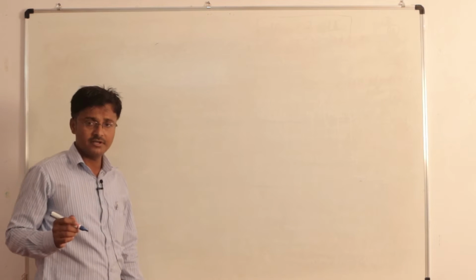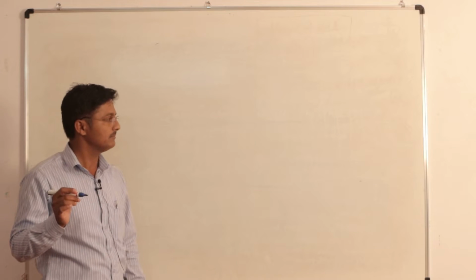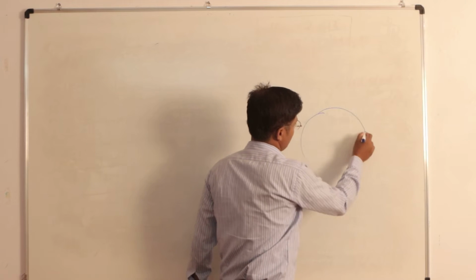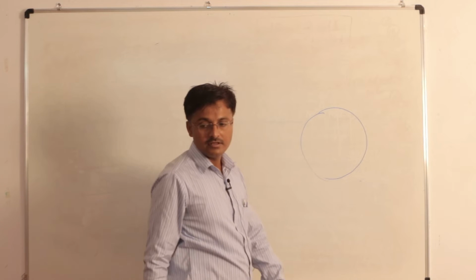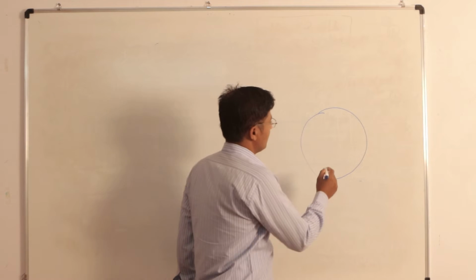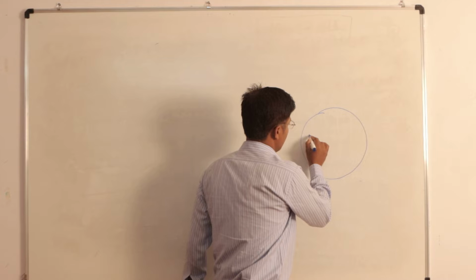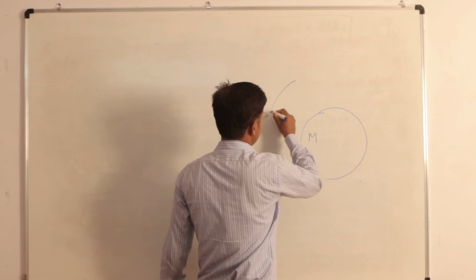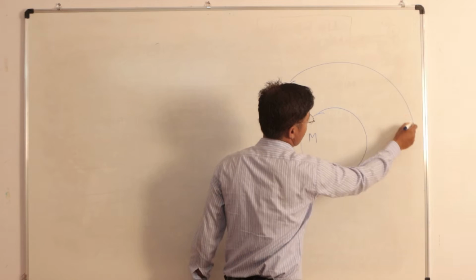Before starting this topic, let us draw a small diagram. Suppose this is our Earth, and capital M is the mass of Earth. Now I will draw one orbit.